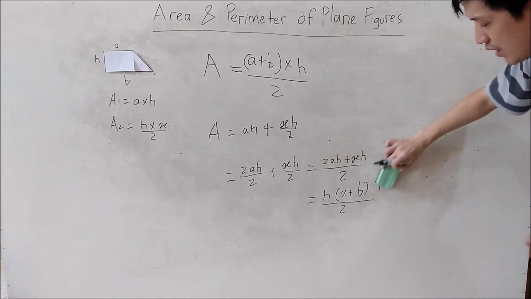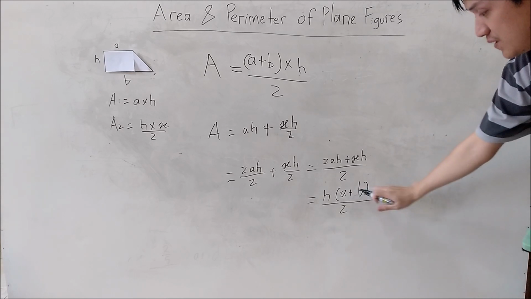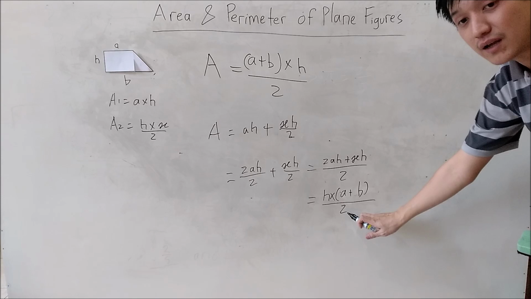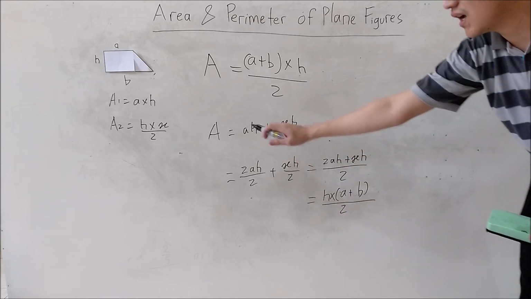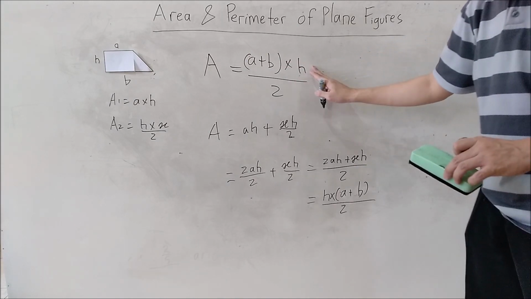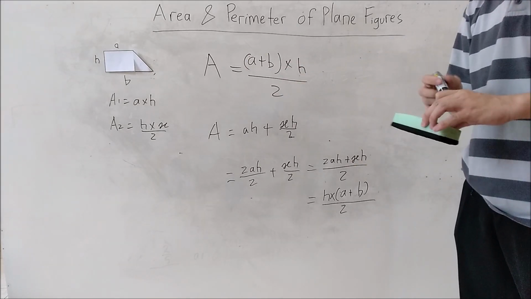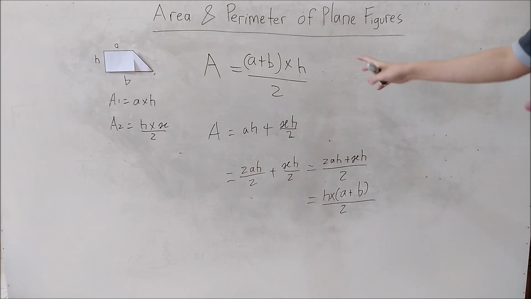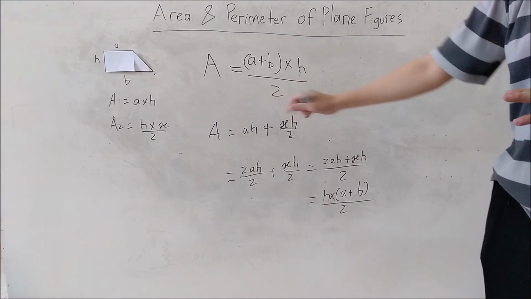That's why we have a plus b times height divided by 2 as the area of the trapezium. The same, a plus b times height divided by 2. That's about the area of a trapezium.